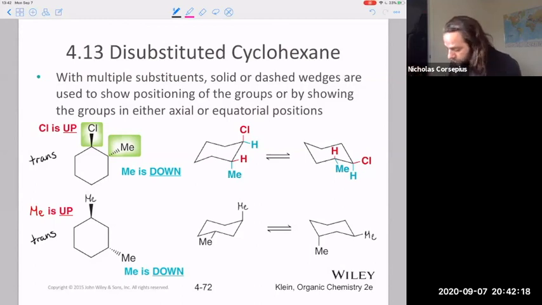In this case, for the trans 1,2, one of them is in the axial position and the other one is also in the axial position. When we have the 1,3 trans isomer, one being in the axial position means the other one's in the equatorial position. So they're different.